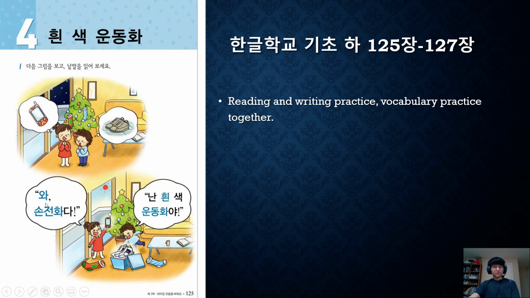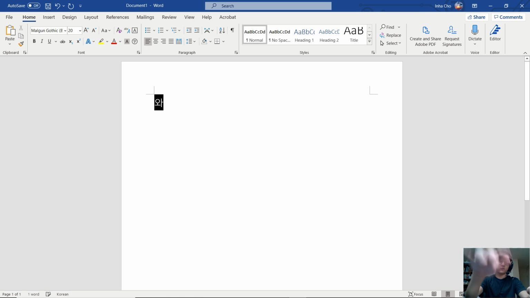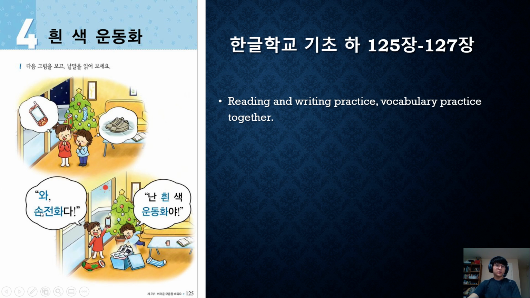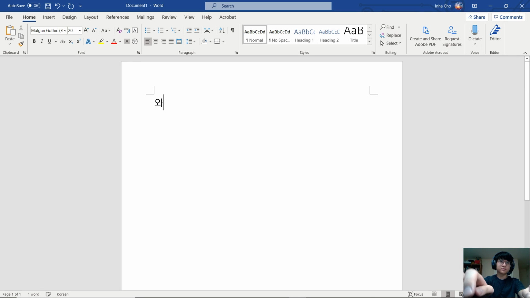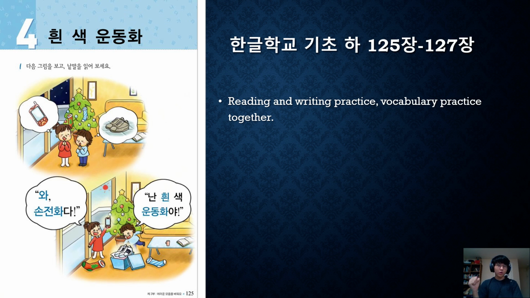Let's look at what they got. 와, 이응, and then 와, the 와 moum that we learned. 와, 손전화다. So we can see here, this one has 와 again. What does this mean? Wow, I got a phone. Wow, congratulations. She actually got her Christmas present.